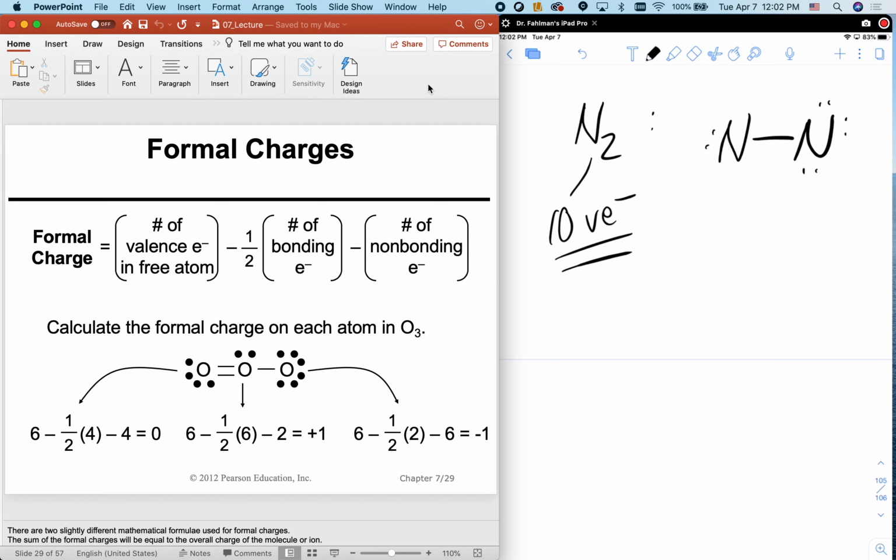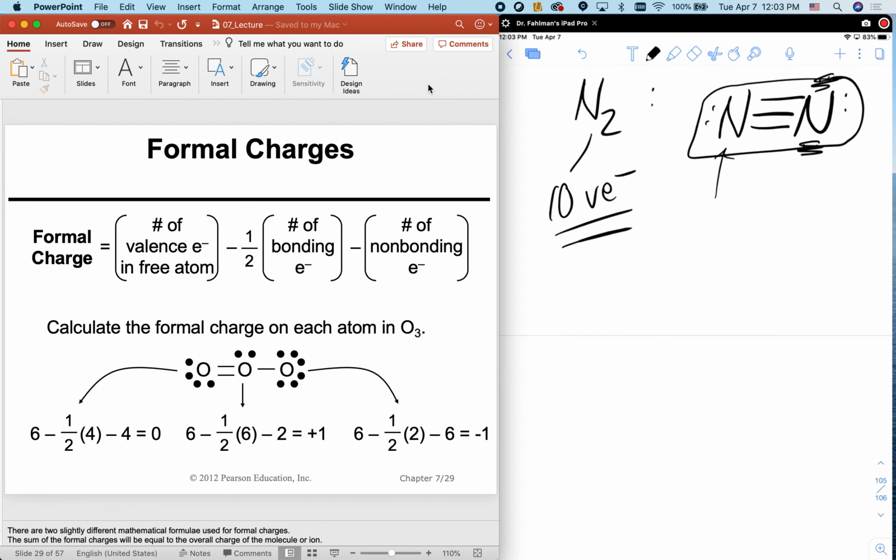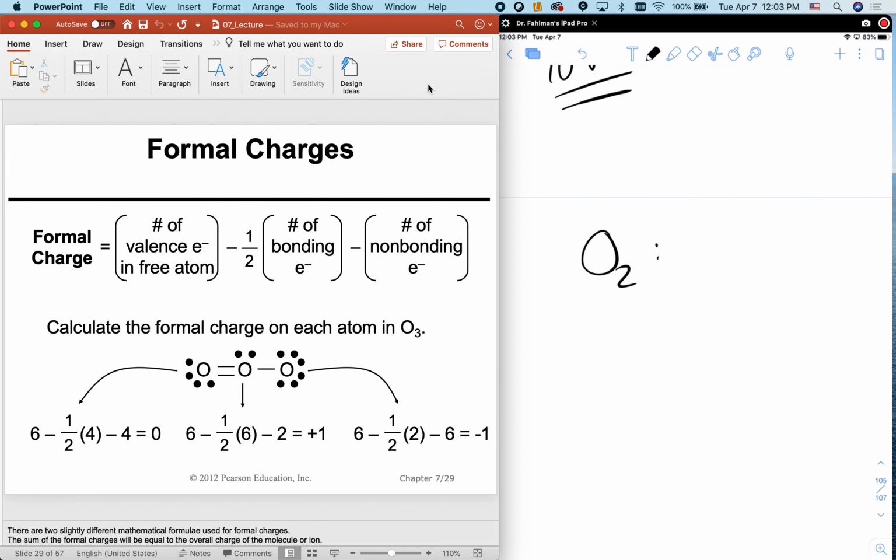Okay, so then you're looking, and this nitrogen doesn't have an octet, so you can do this. It still doesn't. Now it does. Okay, so that's why that is the best Lewis structure for nitrogen. And oxygen, with 12 valence electrons. You've got 2, 3, 4, 5, 6, 7, 8, 9, 10, 11, 12.